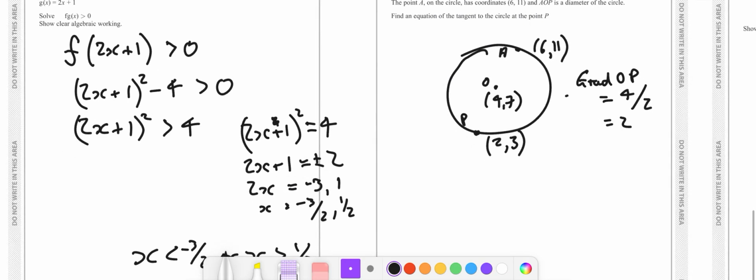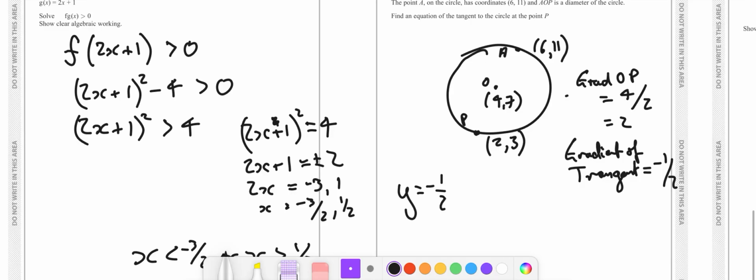So the gradient of the tangent is perpendicular to that, which means it's minus 1 over 2. So we've got a graph y equals minus 1 over 2x plus c.